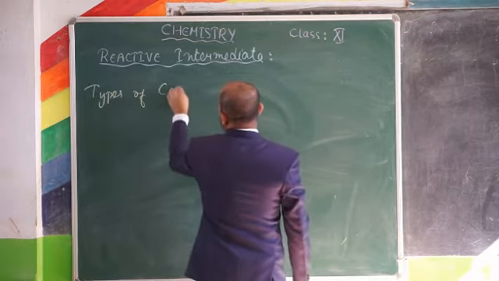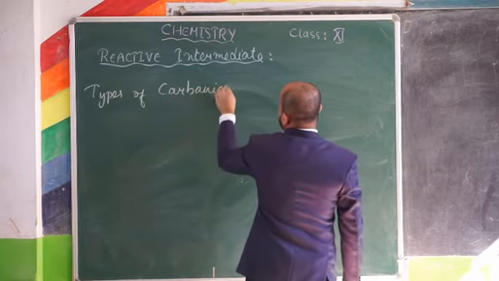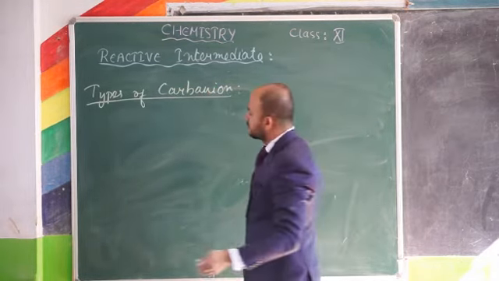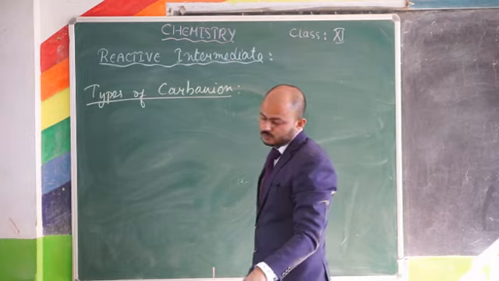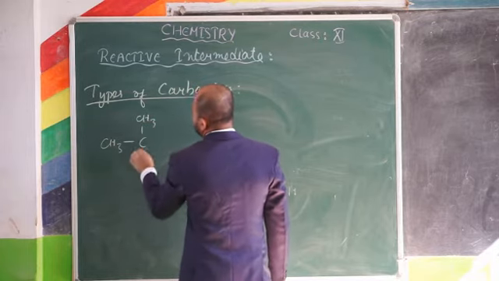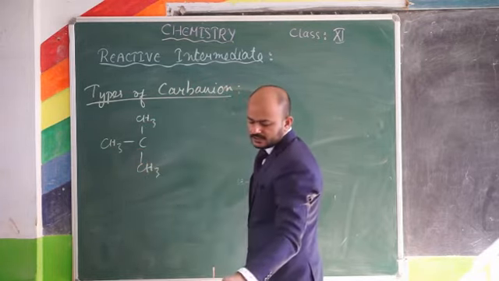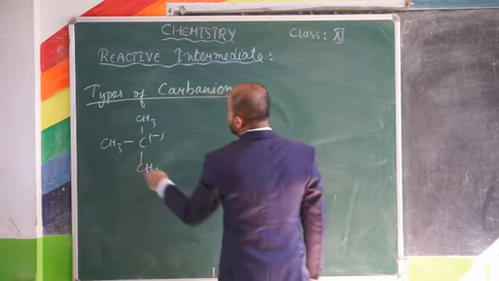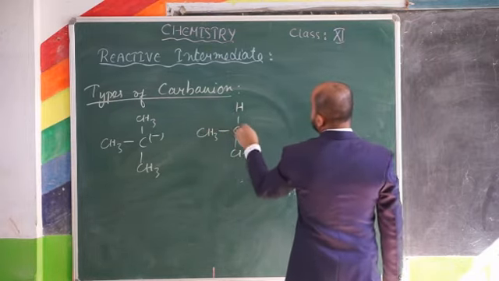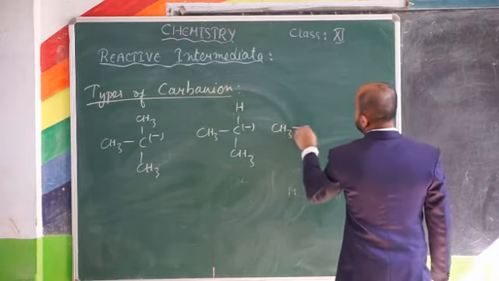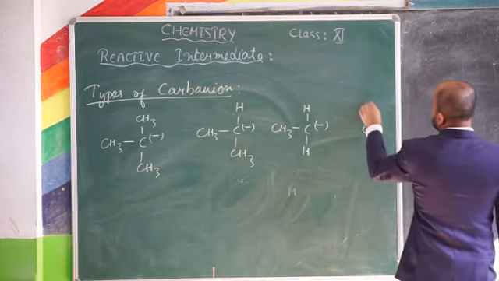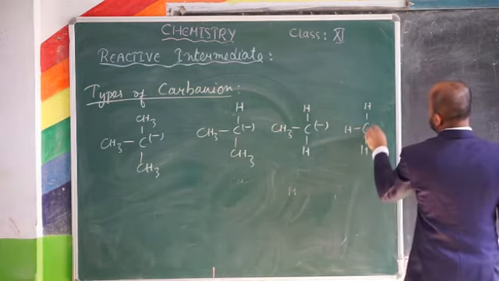Similar to carbocation, this is tertiary, and you have CH3, C, CH3, CH3 with a negative charge; CH3, C, H, CH3 with a negative; then CH3, CH2 with a negative; and CH3 with a negative.